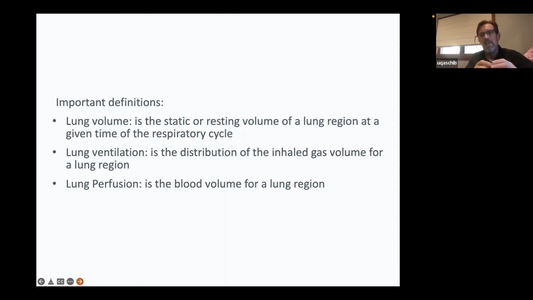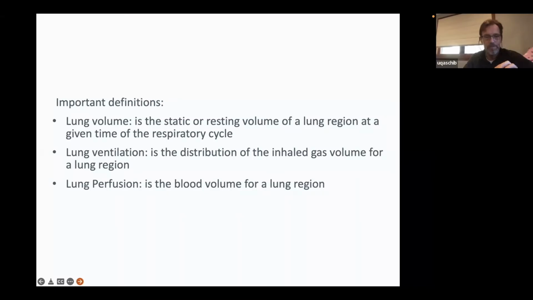So we're talking about lung ventilation being different to lung volume. So they're two different entities. And lung perfusion is where the blood is distributed within the lung in the different lung regions. And obviously, lung perfusion is pulsatile, much less pulsatile than the arterial blood volume that we distribute, because the resistance is very low in the lung, the blood pressure is very low.